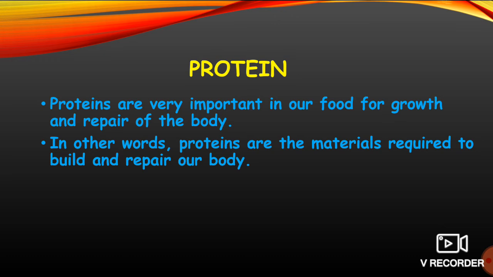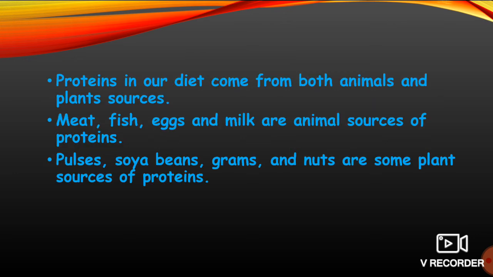If you take a diet which is rich in proteins, your growth will be faster and in a balanced way. That's why you try to take food which is good in proteins, to increase your height. So that's why you have to take care.